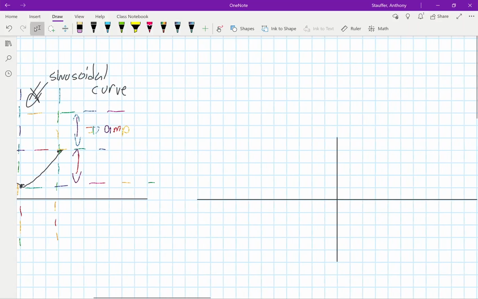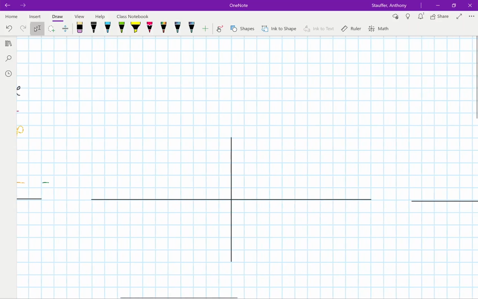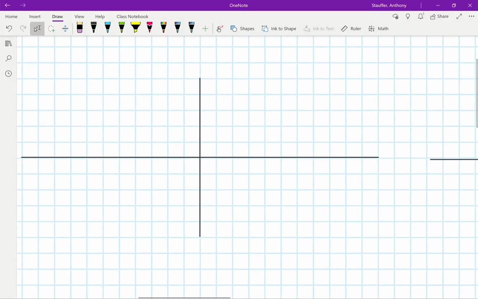Now, moving on. If you guys grab out your graphing calculators, what I want you to do is look at y equals sine x. And for your window setting, you're going to have y max as, we'll just set it to 3. The y min will be -3.